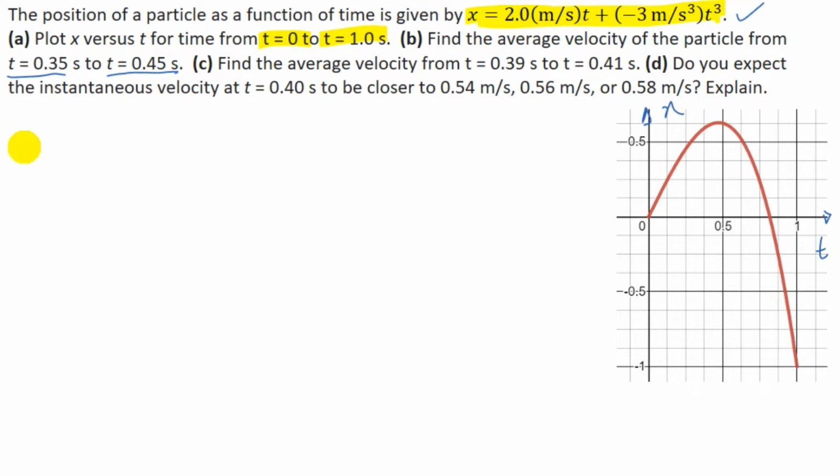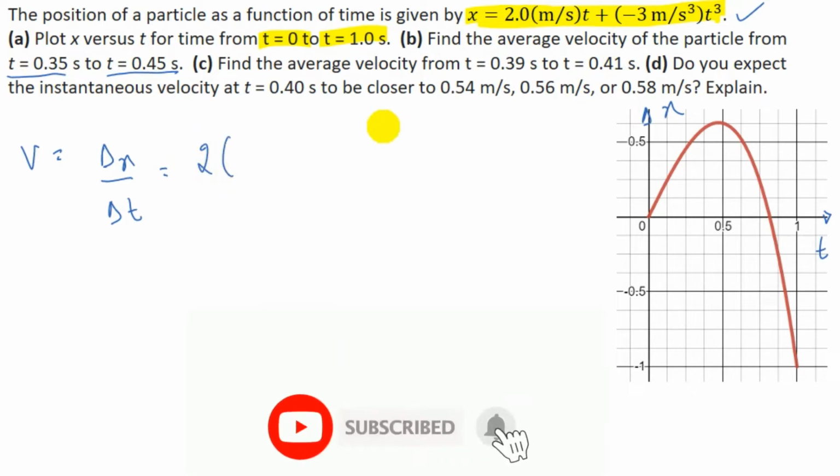We know that the average velocity is delta x over delta t. Now delta t we know it is 0.45 minus 0.35, but we don't know delta x, that is the final position minus the initial position. We can do one thing. We can put the value of t as 0.45 here to find the final position, and then 0.35 here to find the initial position. So let's do it.